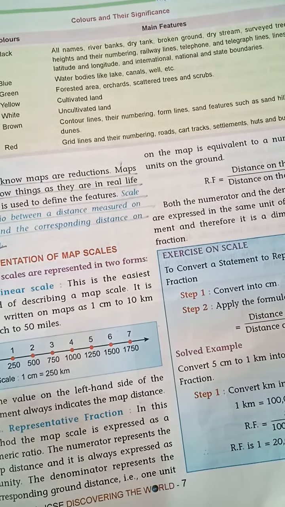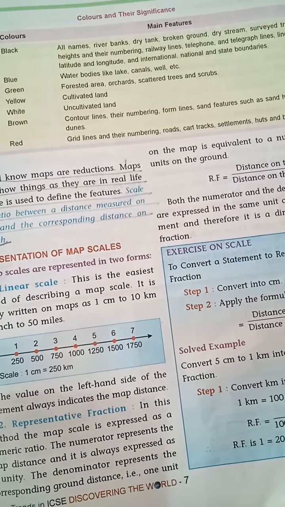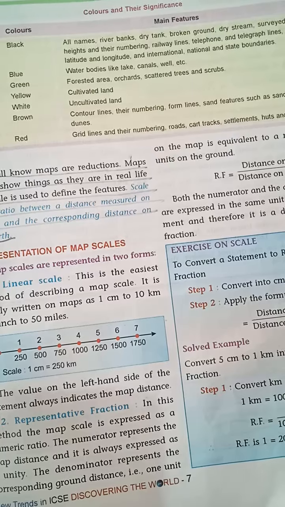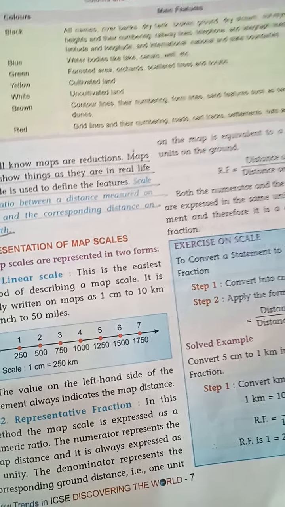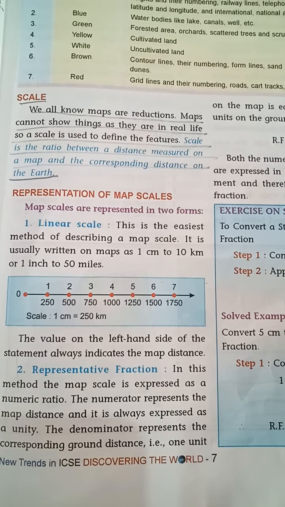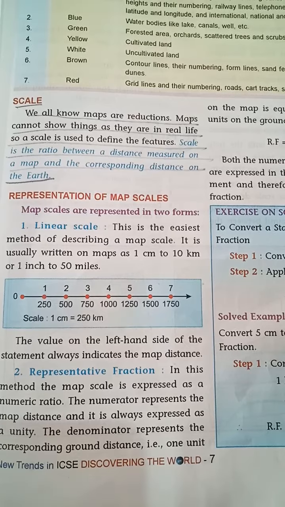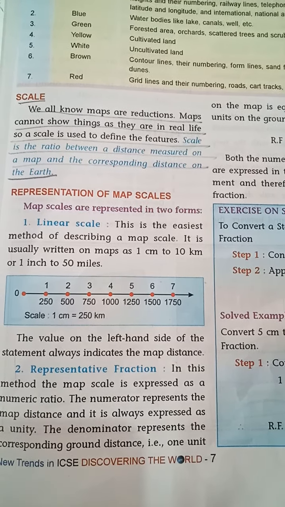The scale of a map shows how many smaller units, such as centimeters or inches, on a map represent how many kilometers or miles on the ground. So, scale is the ratio between a distance measured on a map and the corresponding distance on the earth.